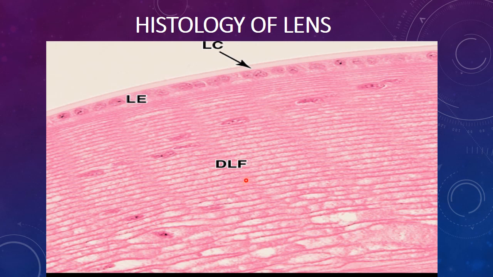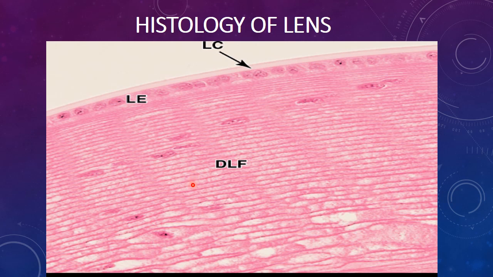So these lens fibers, running parallel to each other, make up a dense fibrous tissue in the inner aspect of the lens.